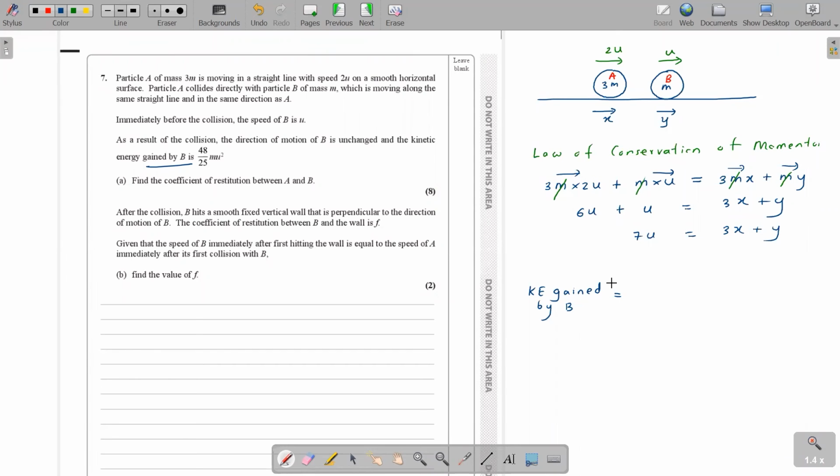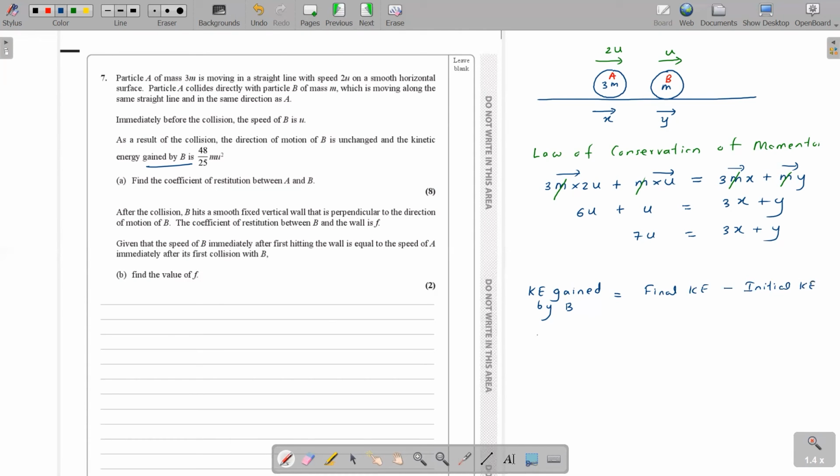To find the increment in the kinetic energy, do we subtract initial from final or final from initial? Final minus initial, because your final KE is greater. Definitely the y velocity is higher than u, because it supports the direction that B is already moving. So final KE minus initial KE.